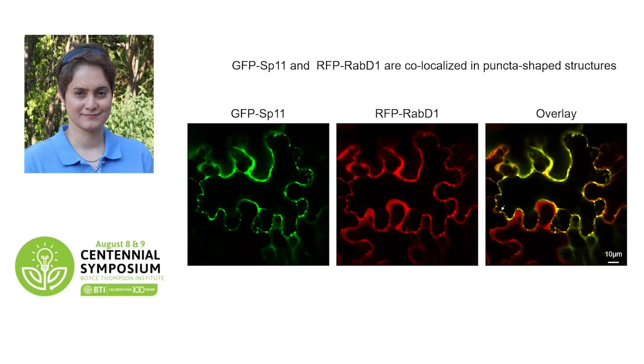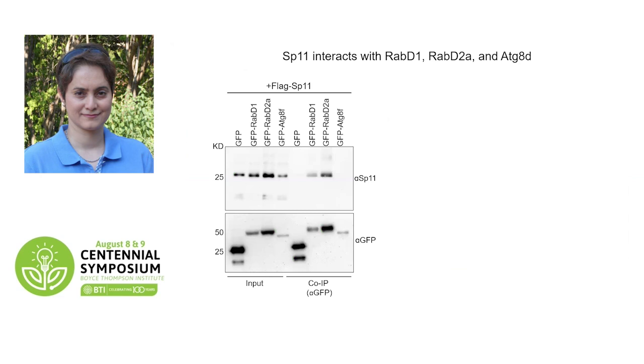SP11, as I mentioned, was co-localized with ATG8, but I also wanted to see if it's co-localized with RAB. And as you can see here in these little dots, which are the places where autophagosomes start, they were co-localized there. I also did some reciprocal co-immunoprecipitation, this time fusing GFP to the two RABs.